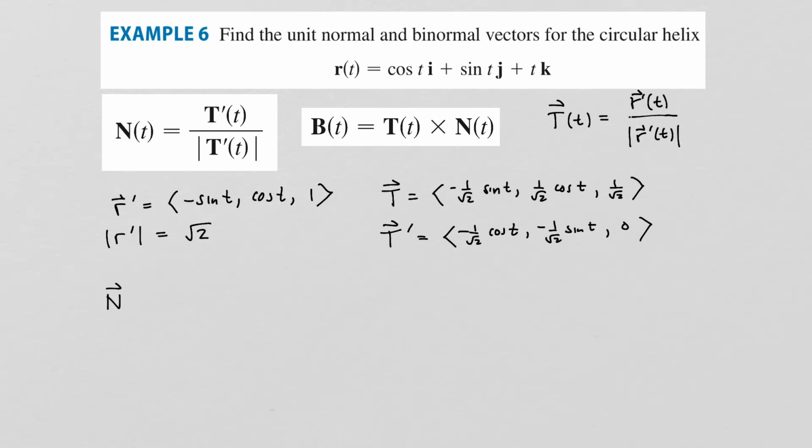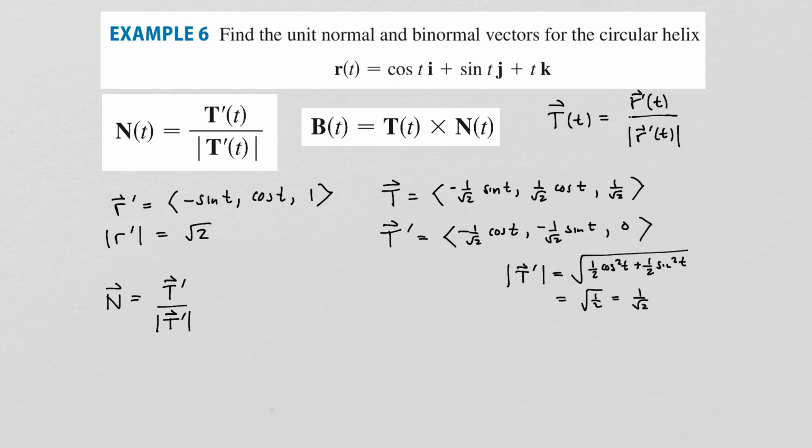So now to get the normal vector, we take T prime and divide it by its magnitude. So let's go ahead and calculate the magnitude of T prime. That's going to be the square root of 1/2 cosine squared t plus 1/2 sine squared t. And this is going to be the square root of 1/2, which is 1 over the square root of 2.